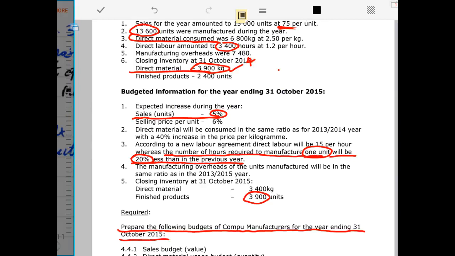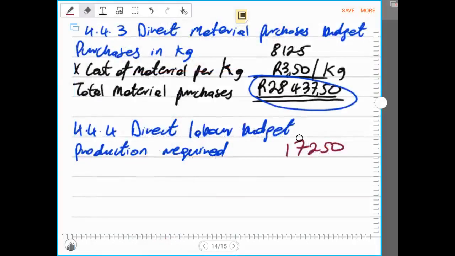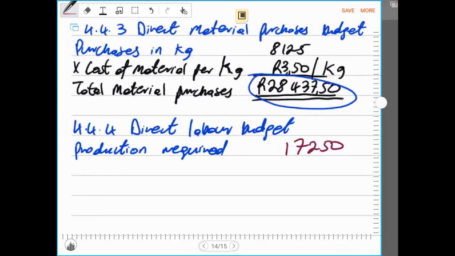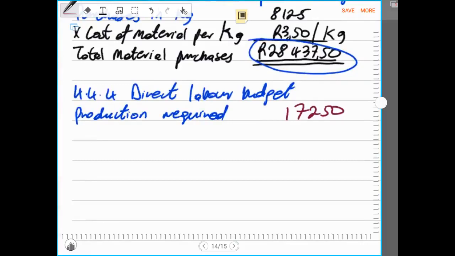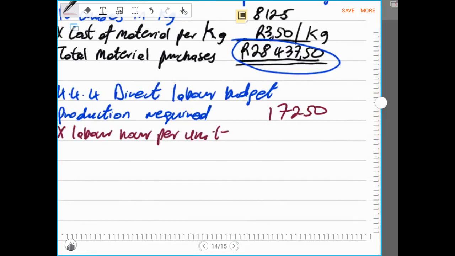Therefore, since we know the production requirement, meaning the number of units that are required to be produced, we can multiply that by labor hours per unit to get the total hours that are needed to manufacture the 17,250 units. Then we multiply by labor hours per unit, and we know that labor hours per unit is equal to 0.2.